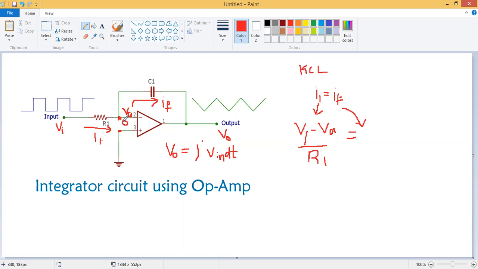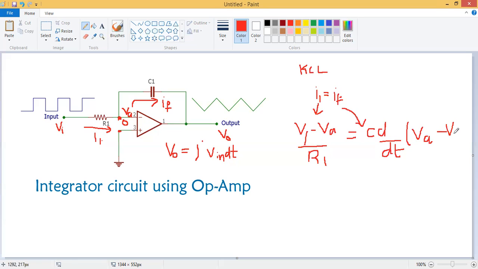IF is actually the current through the capacitor. The current through this capacitor can be written as C into d by dt of the voltage across the capacitor. The voltage value is VA minus V naught.